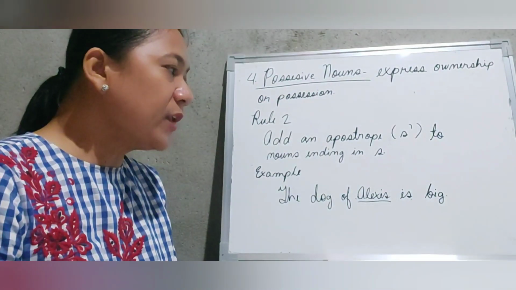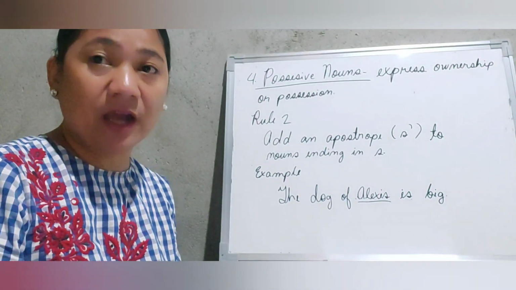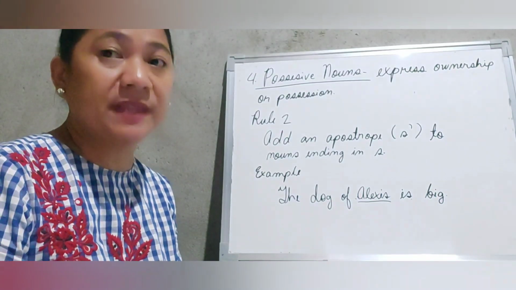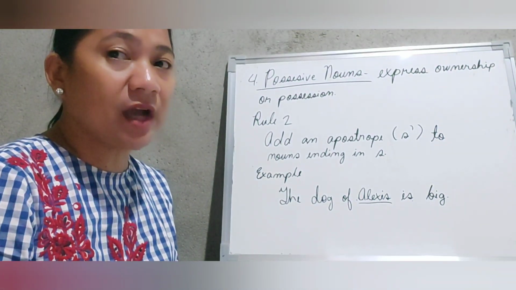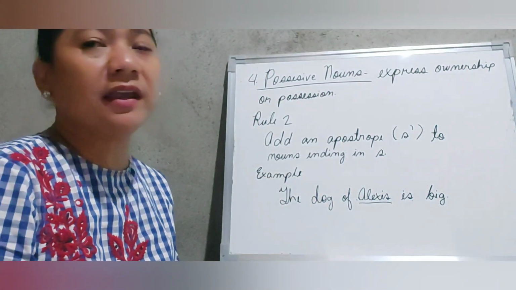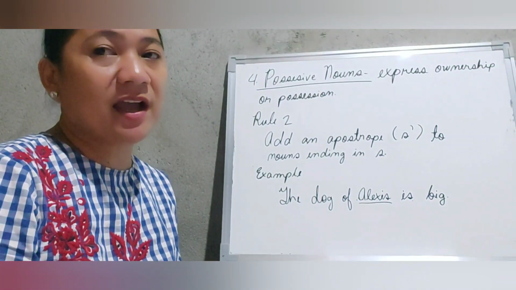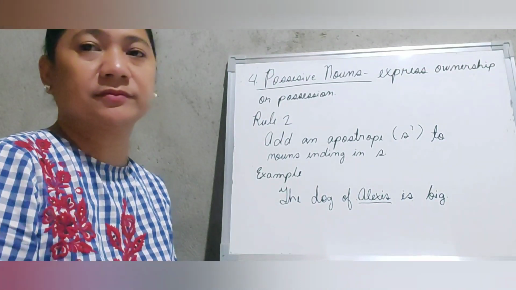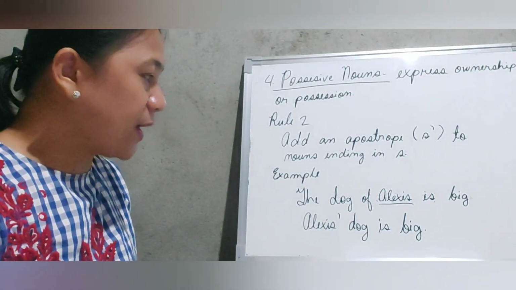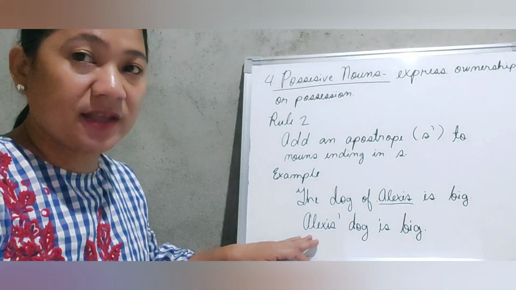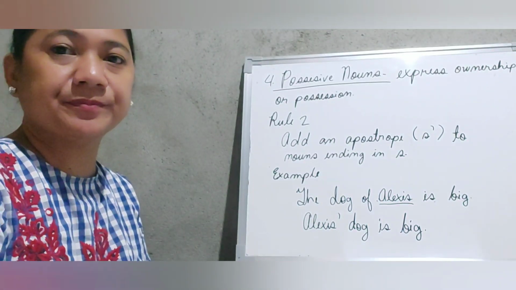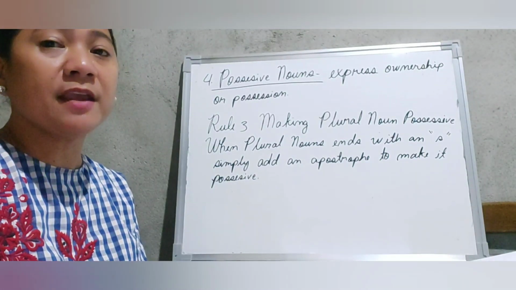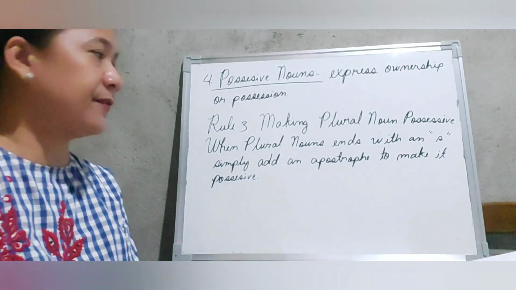Now, how can we make the singular noun a possessive noun? Since the singular noun Alexis ends in the letter S, we will just add an apostrophe to make it a possessive noun. We can write it this way. Alexis' dog is big.